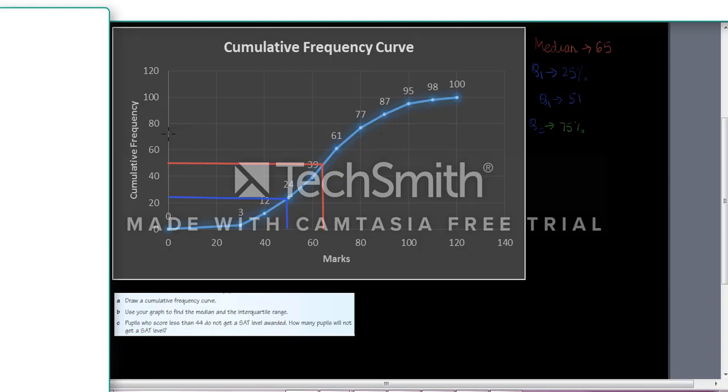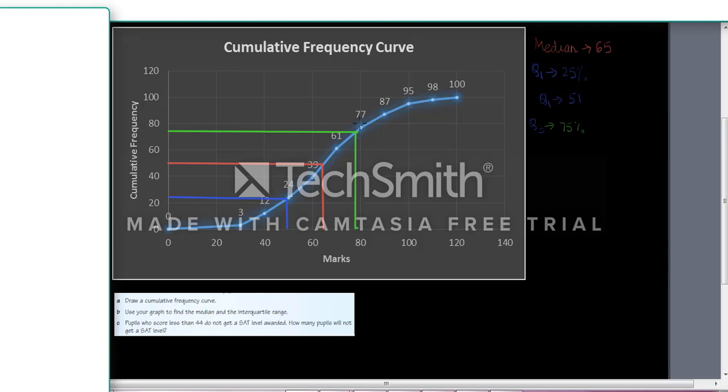The corresponding value on the x-axis. Alright, so again, it's easier to do this graphically, but here my conclusion would be that Q3 is actually 79. It's a value closer to 80, but it is not 80.